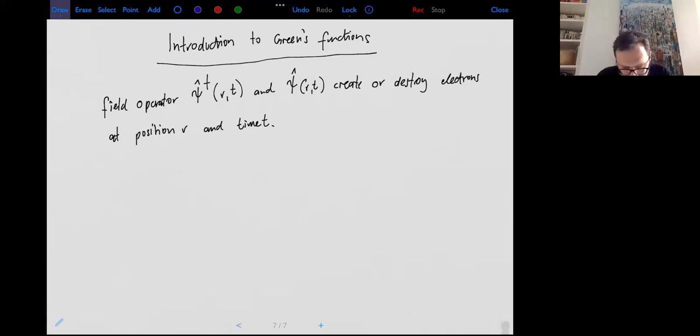And the operator is time dependent, obviously, and this means we're using the so-called Heisenberg picture of quantum mechanics, where the time dependence can be expressed in the following way.